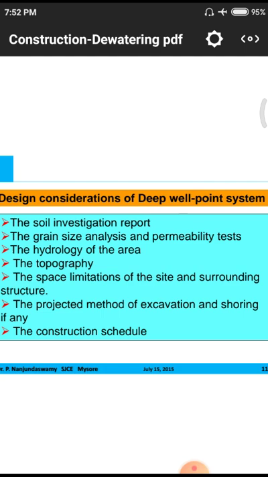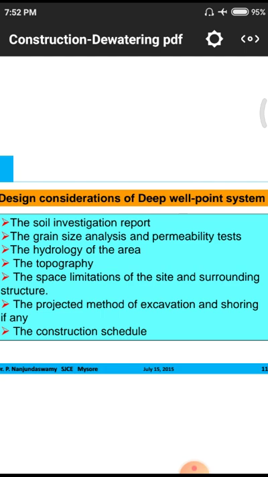Next one is the space limitations of the site and surrounding structures. Space limitations means what amount of site is required for the construction of a project, and what the surrounding project sites are. Why? Because if we are constructing a huge structure, it will have huge substructures, so there may be some effects on the other sides.